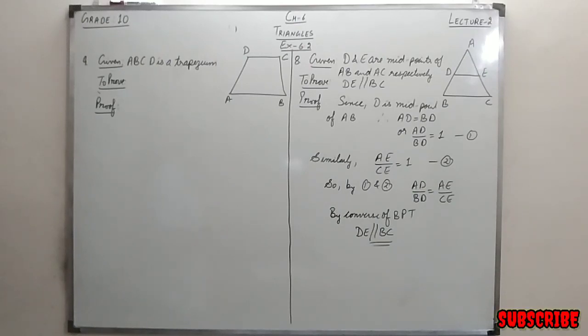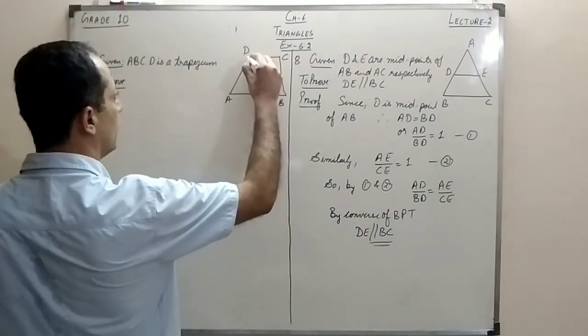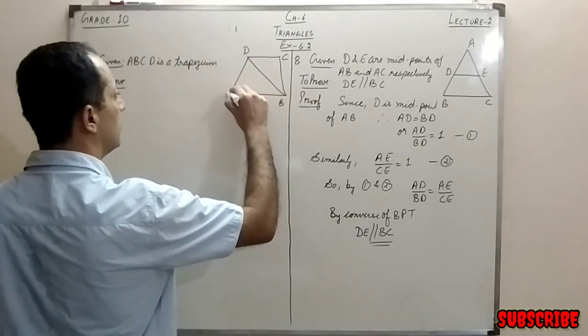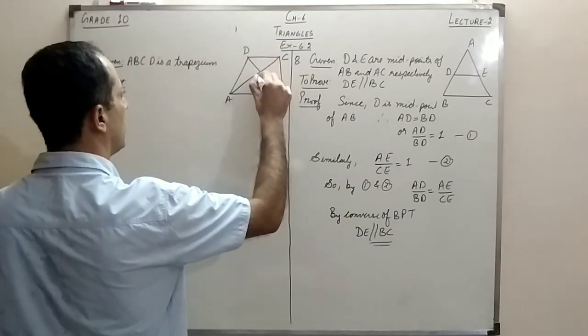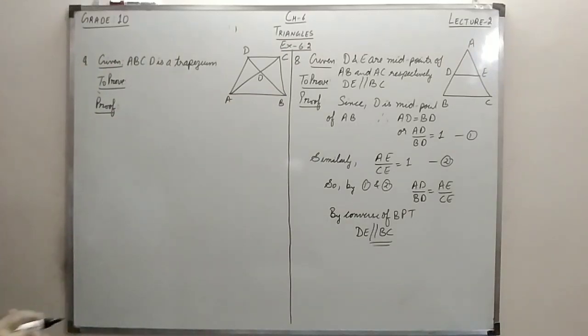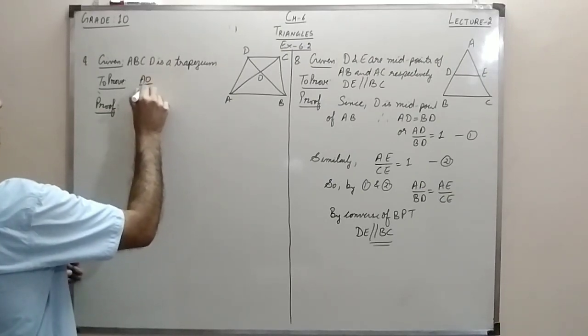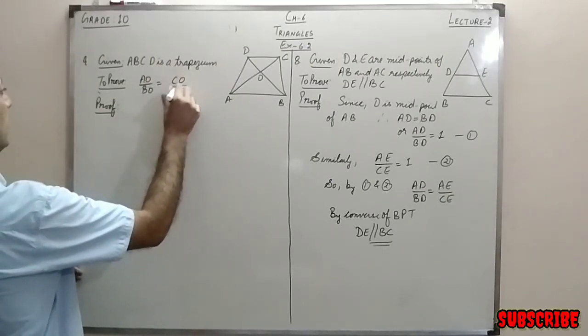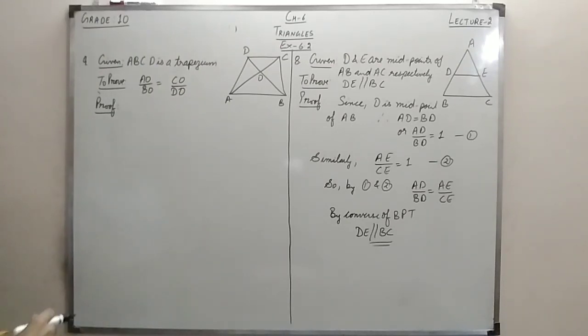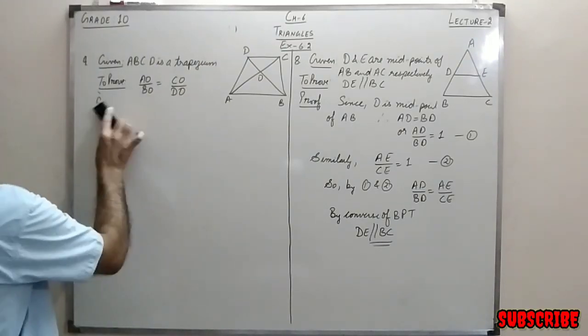AB is parallel to DC and its diagonals intersect each other at O. The diagonals are intersecting at O. So I write it here as O. And what I need to prove is that AO upon BO is equal to CO upon DO. Right?